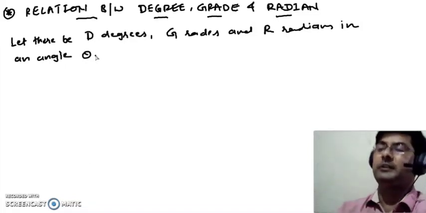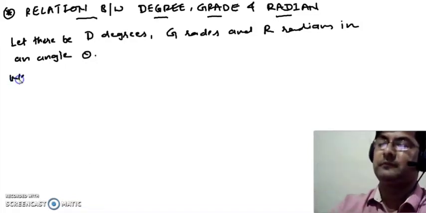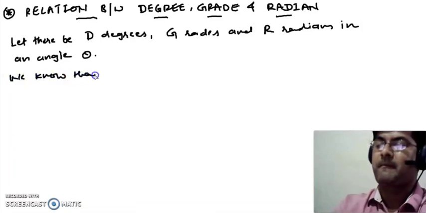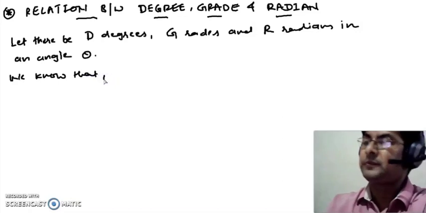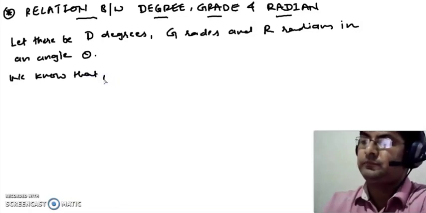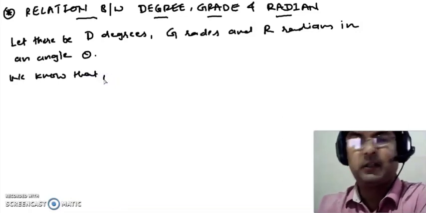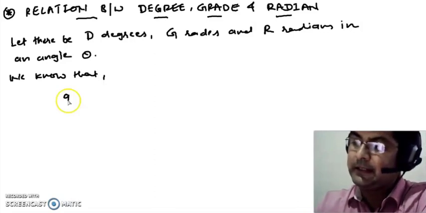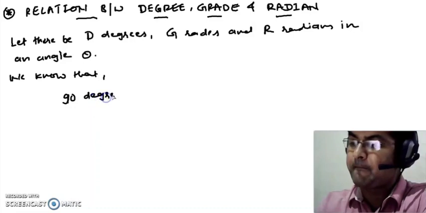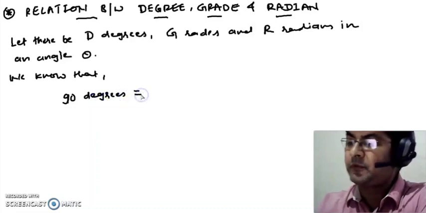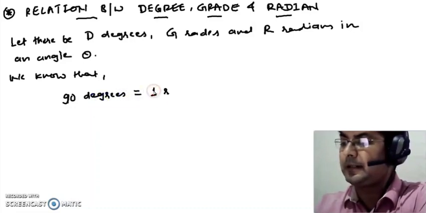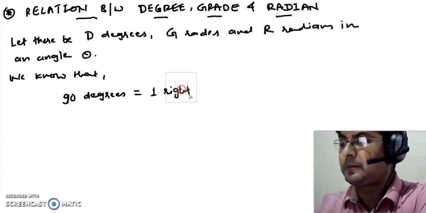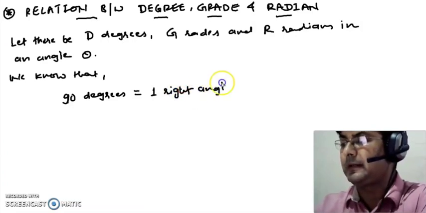Now we know that 90 degrees are there in one right angle. Yes or no? One right angle.